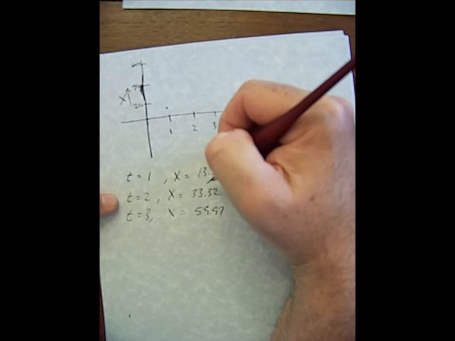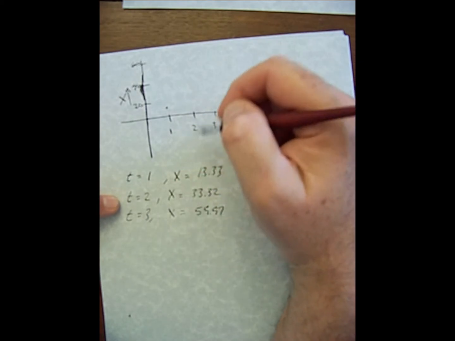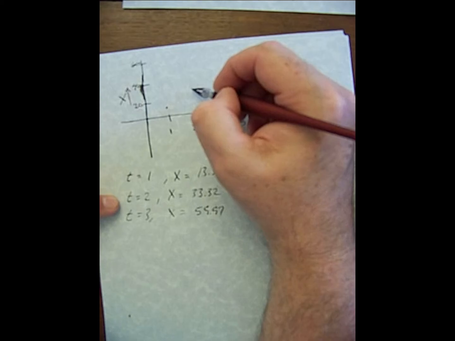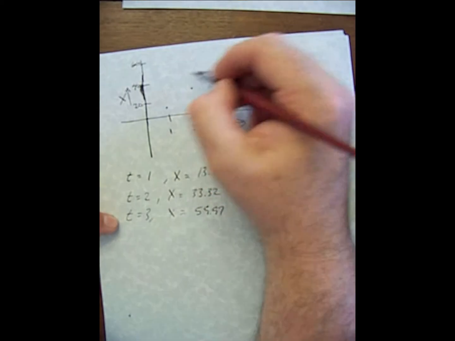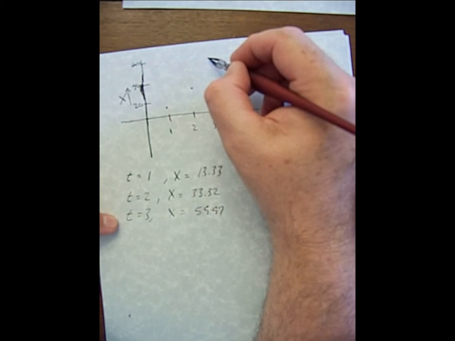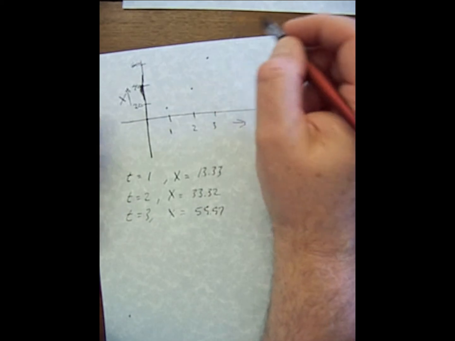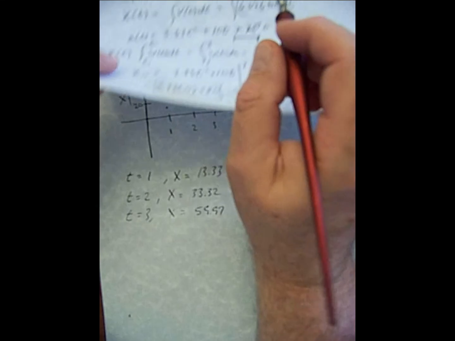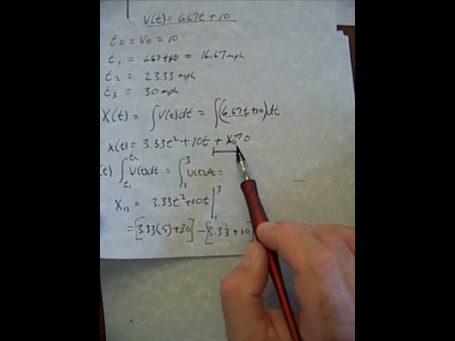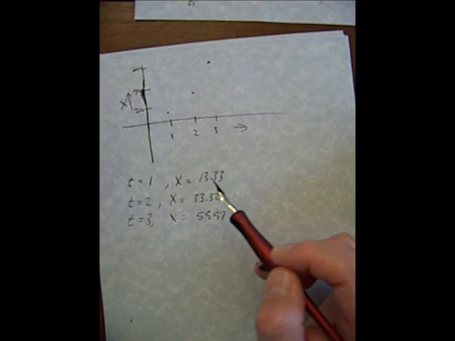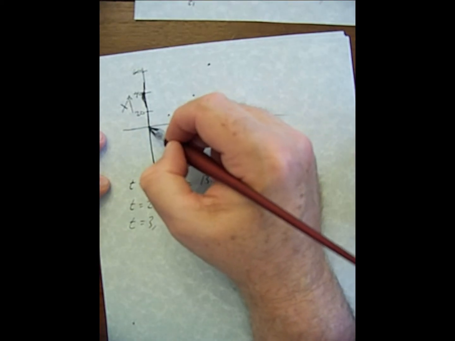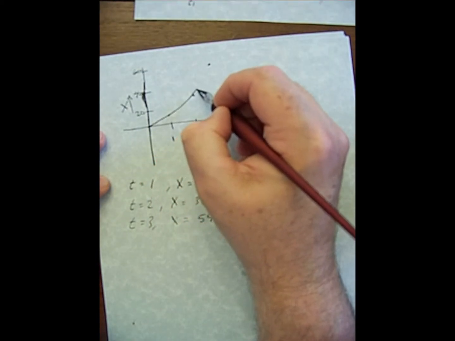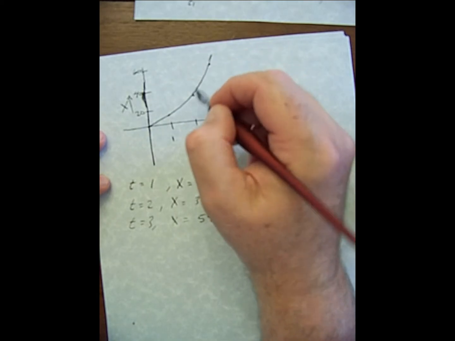At 2 miles, I'm at 33 1/3, let's say that's there. And at 3, I'm up here almost to 60. And if you recall, we assumed that our initial position was 0, so at time 0 we were at location 0. That's just time 0 is here, so this ends up looking like a parabola.